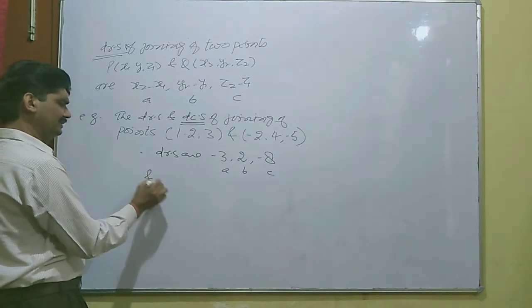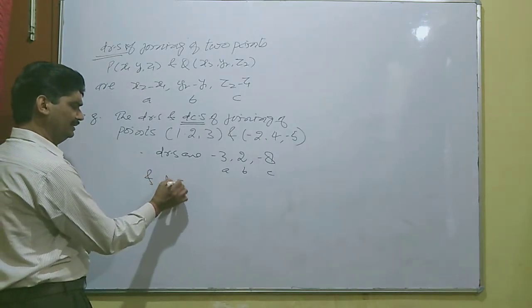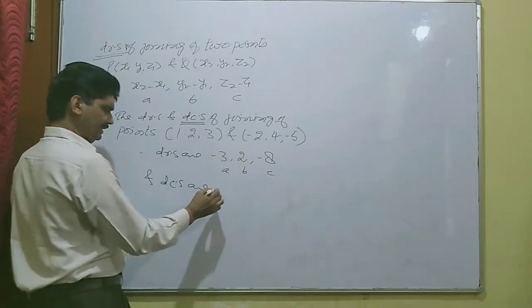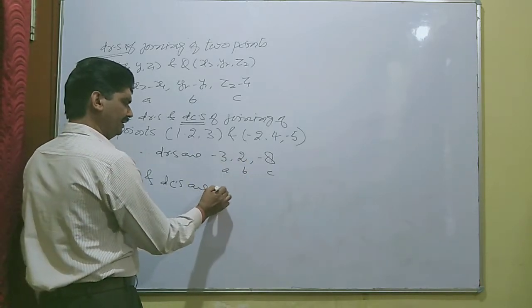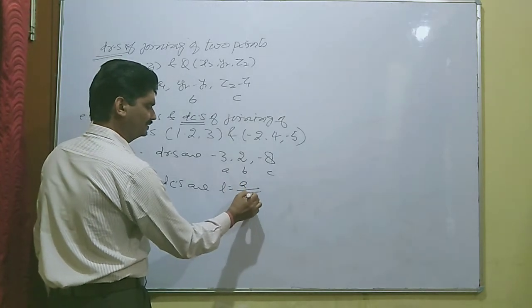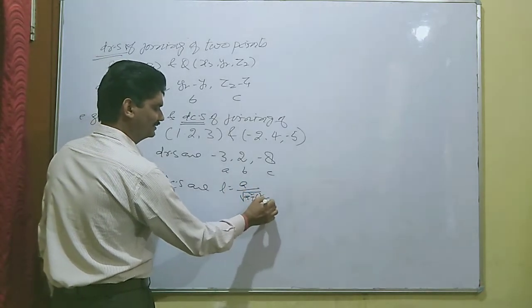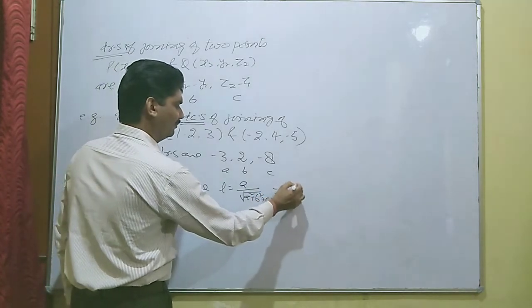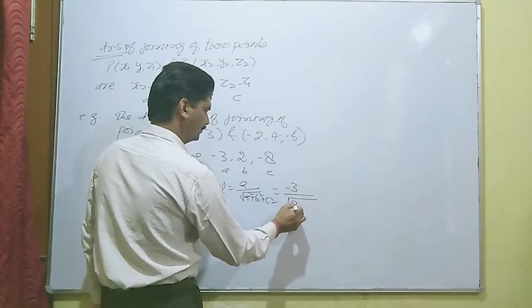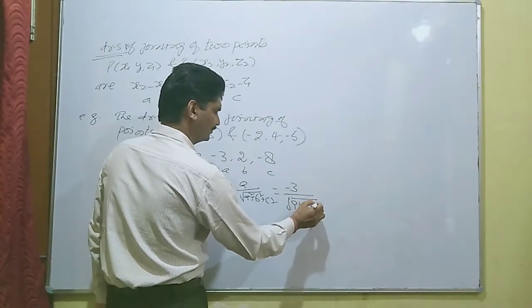So the DCs, that is, direction cosines, we know that l equals a upon under root a square plus b square plus c square. This is minus 3 upon under root 9 plus 4 plus 64.